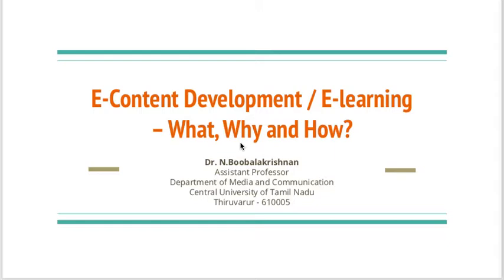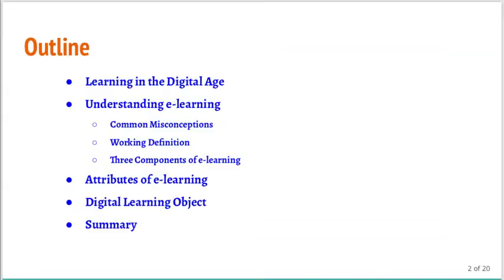So, the outline for this session will tell you about the concepts of learning in the digital age and understanding e-learning, common misconceptions, working definition, and the three components of e-learning.